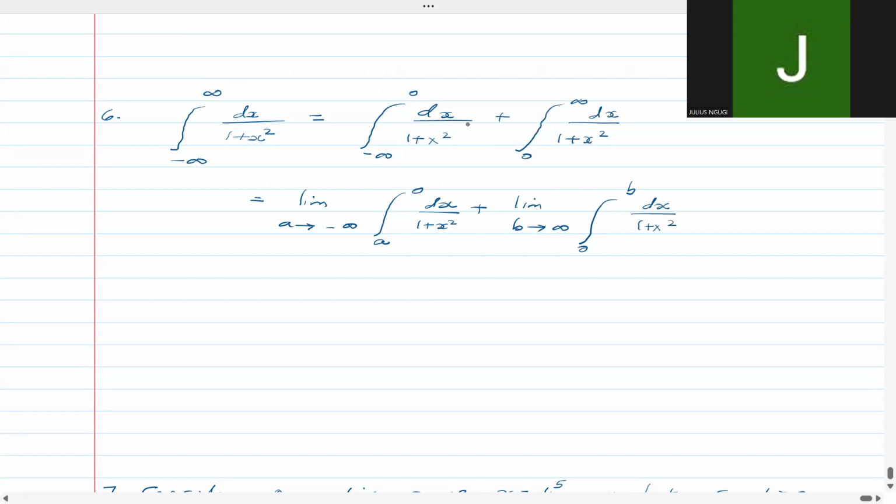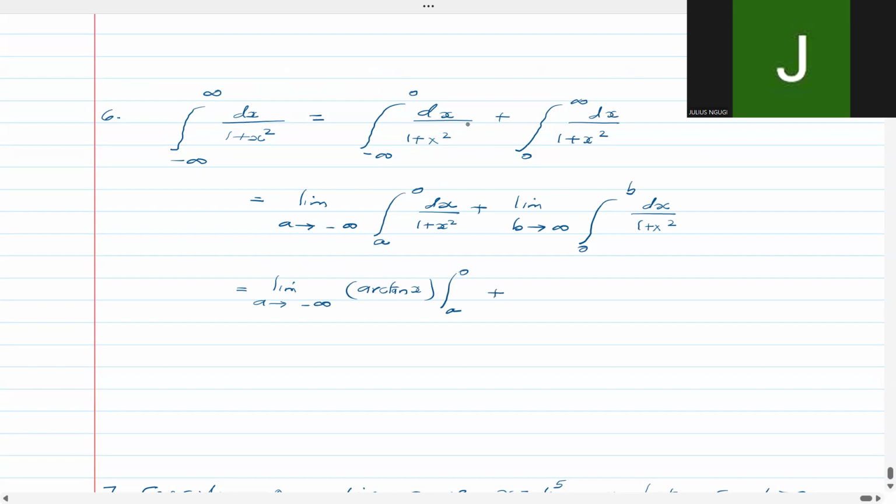And when we do the integral here, this one is a special one. As A approaches minus infinity, the integral here becomes arctan x, and the limit is from A to 0.